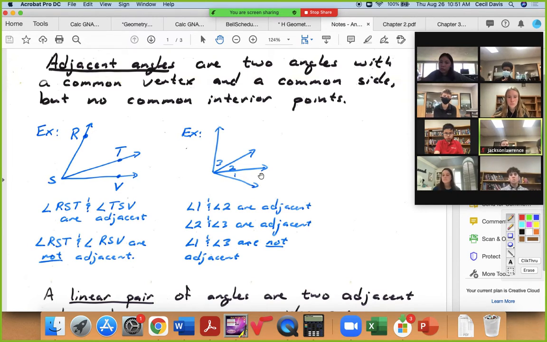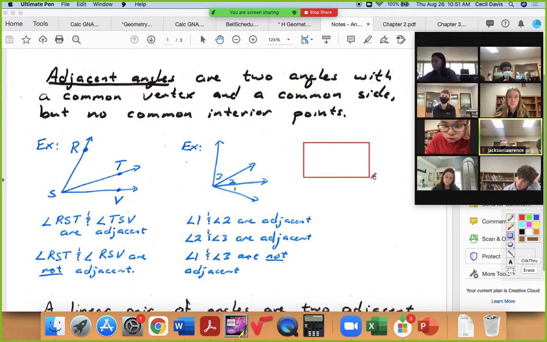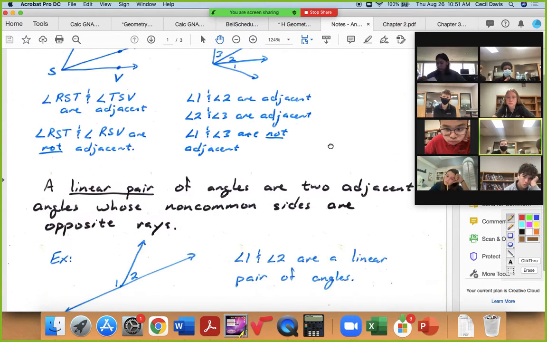No, they do not have a common side. So if you go back to our cafeteria example, that would be like you're here and that person is here. They don't share a side. They're sharing this table, but not this side. Okay? All right. Moving on.